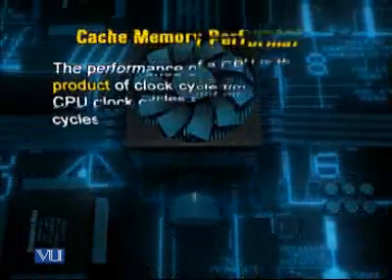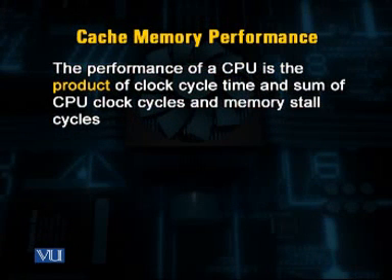Now, considering these three basic attributes, let us find out with the help of some examples the relationship between all these, and how the miss rate multiplied by the miss penalty can be calculated. The performance of a CPU is basically the product of clock cycle time and the sum of CPU clock cycles and the memory stall cycles.